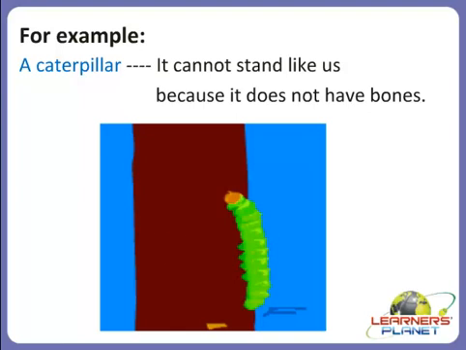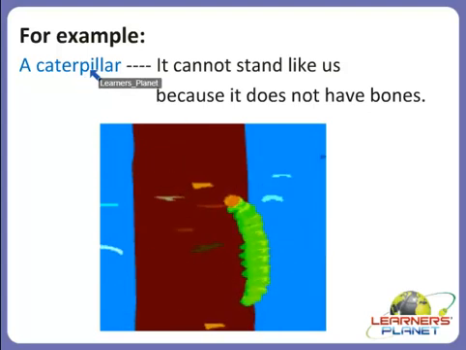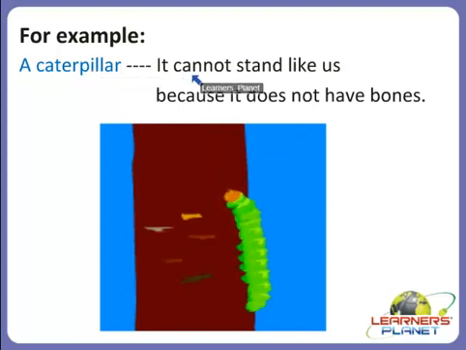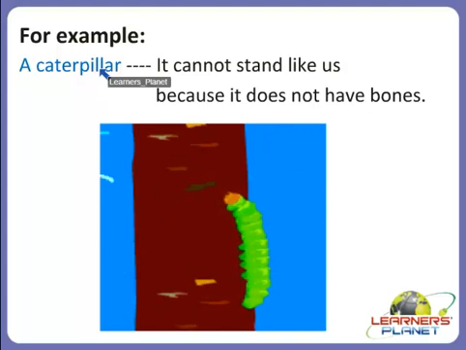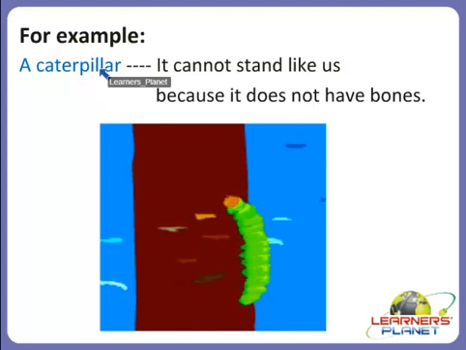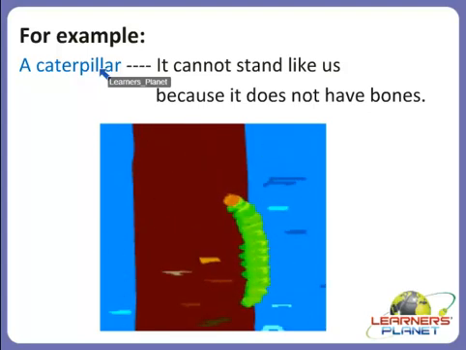So children, now we will see the example of a caterpillar. Children, can you imagine what would we look like if we had no bones? Yes, we would look like an organism or an animal which has no bones.